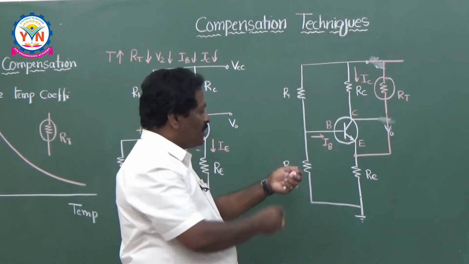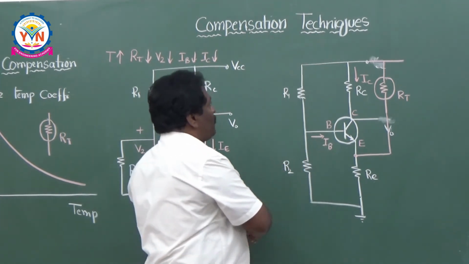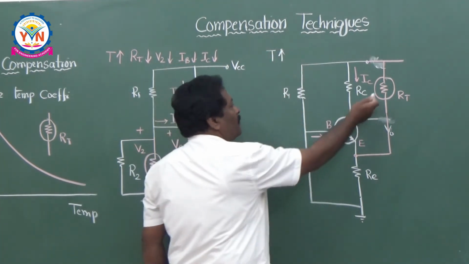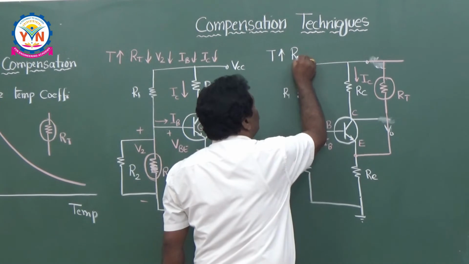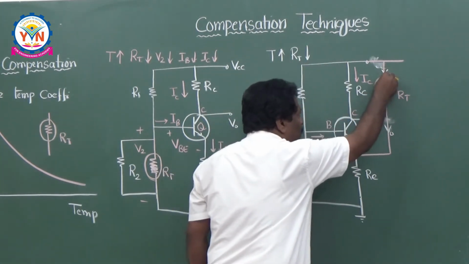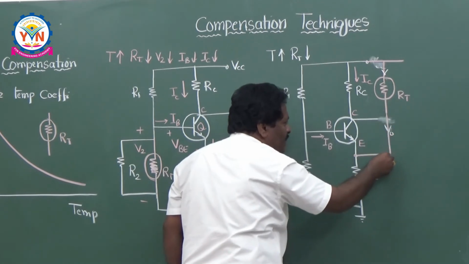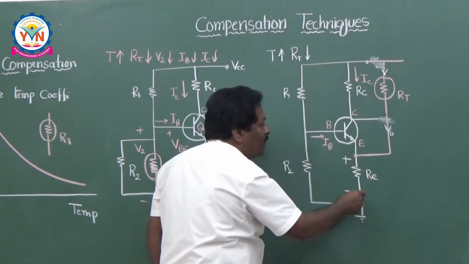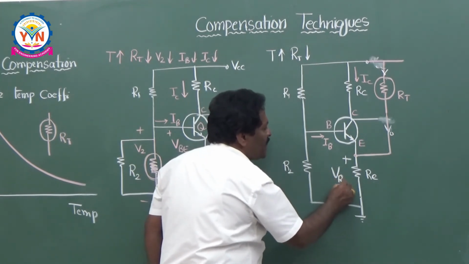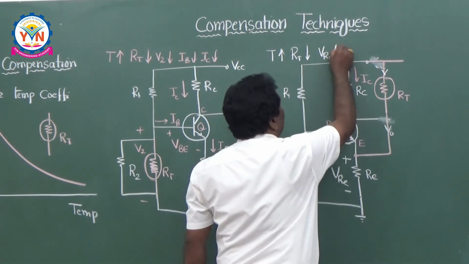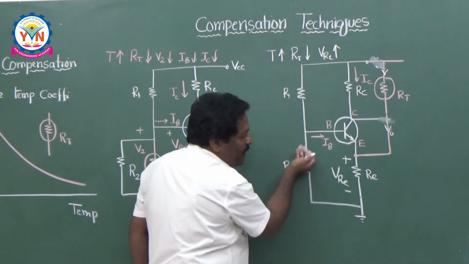So how is it? Now let me explain. If temperature increases, by the property of the thermistor, RT decreases. If RT decreases, maximum current will flow in this path, so maximum voltage may be induced across RE. So VRE, the voltage across the emitter resistance, increases. If VRE increases, it is a negative feedback.